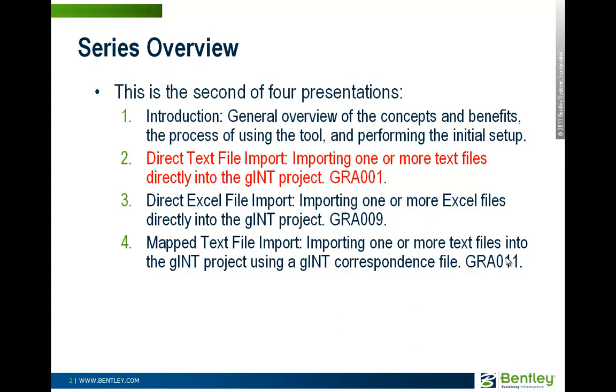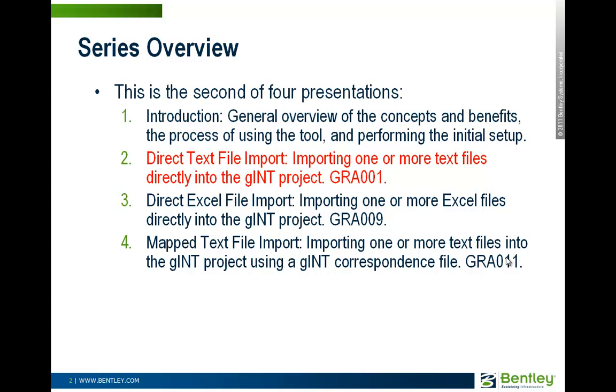In this presentation, we're going to be taking text files which happen to have CPT information, and that information is in a format that can't be natively read by Gint. So this tool, the gra005 import add-in option, will set up the code architecture so that you can read those files.